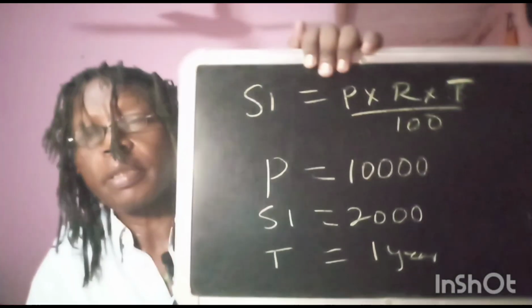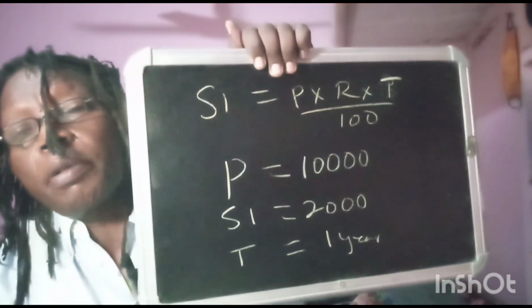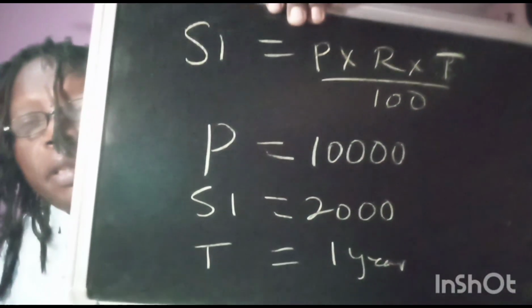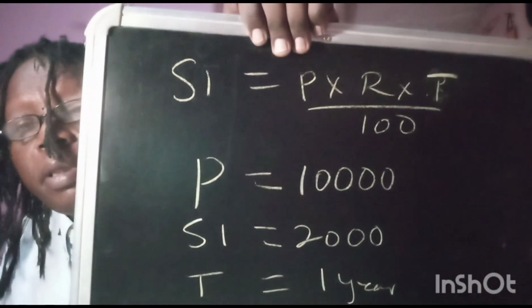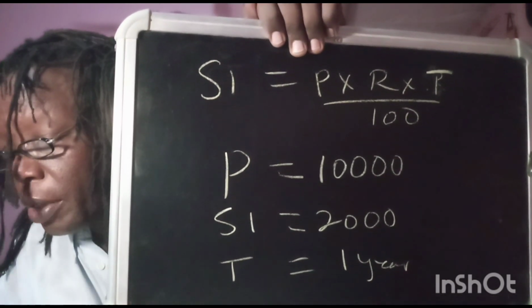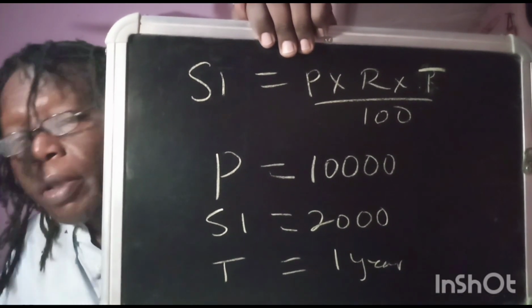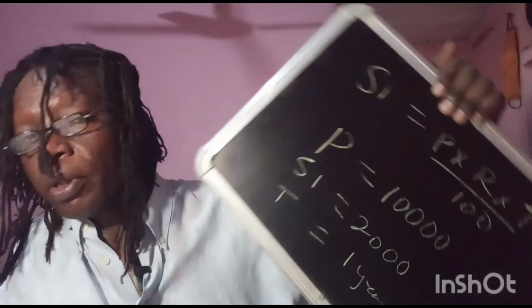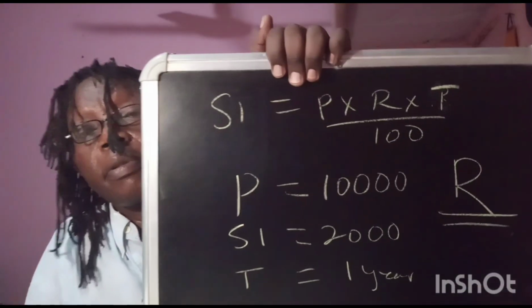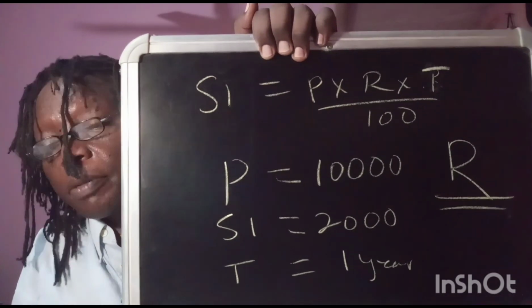Principal is 10,000, could be any currency depending on which country you reside in. Simple interest will be 2,000, and time will be 1 year. So you're going to calculate the rate of interest, R. This is really simple maths.